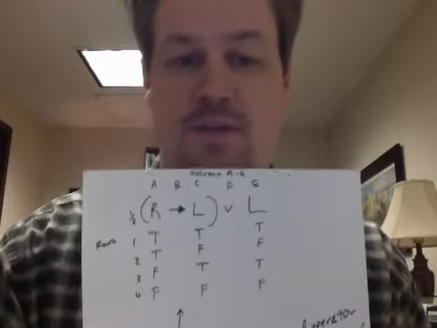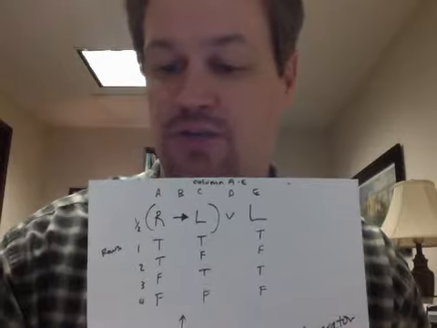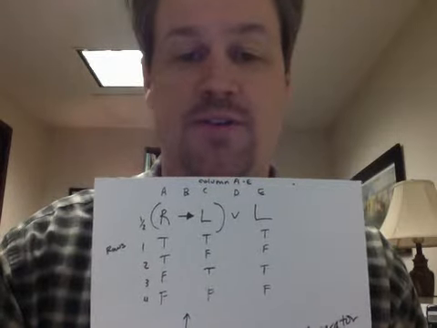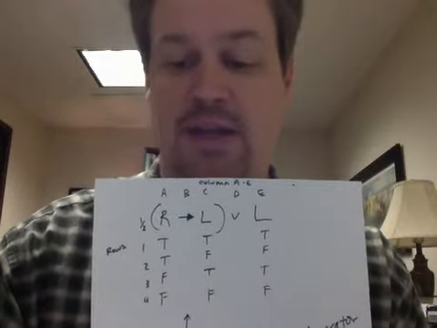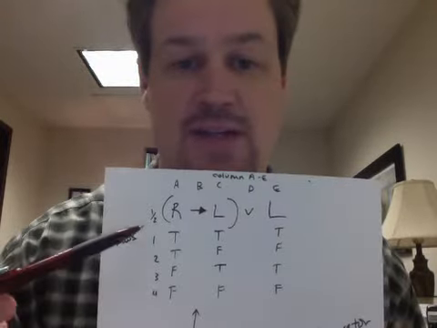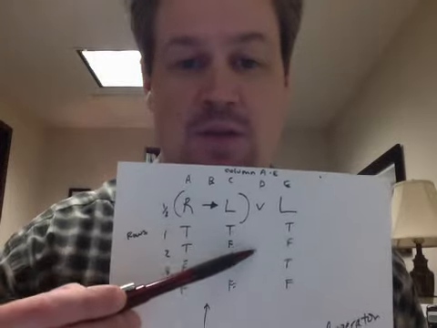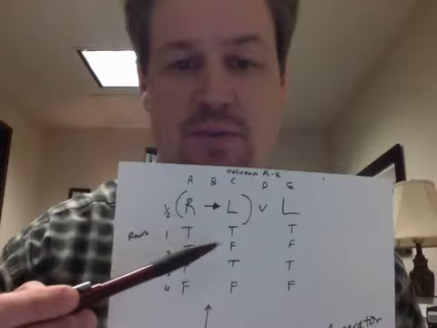So if R then L, when we look up our conditional truth table, we find that it's only false when you have a true P and a false Q, or a true antecedent and a false consequent. So we will look on our chart and we find out that true and true is true, true and false is false, false and true is true, and false and false is true.